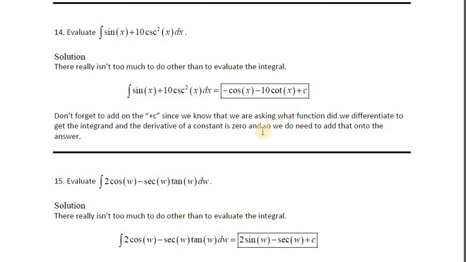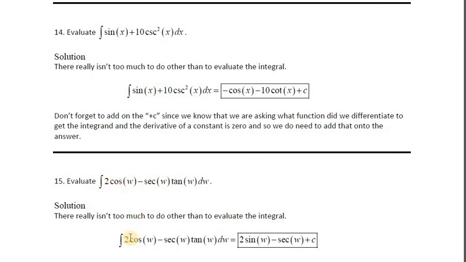Similarly, in another example, integration of 2 cos w minus sec w tan w, dw, the variable is w, and we need to integrate with respect to w. Very simple: integration of the first function minus integration of the second function.